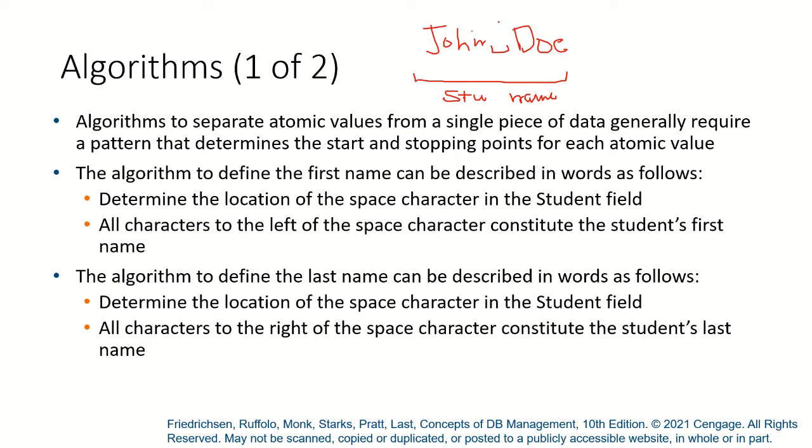So you have to find this space character, and then the part before it will be the first name, and the part after it should be the last name. That will be the essence of this algorithm. You can define the algorithm to get the first name here and the last name here. So that's how you can create the first name and last name. That is a sample algorithm.